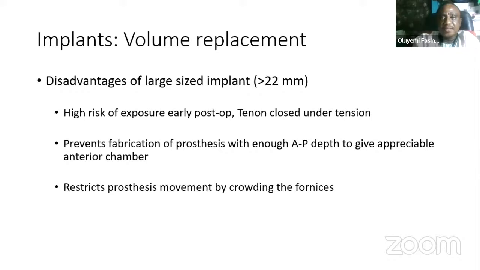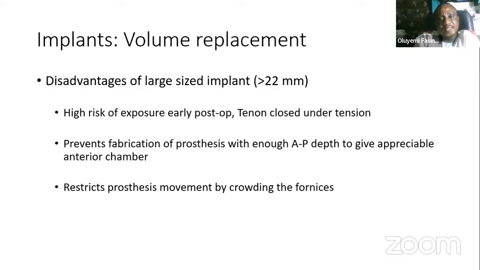I mentioned before that you don't want to use too large an implant size, because one, there's a high risk of extrusion in the early postoperative period, because following a large size implant, the Tenon's that you close over the wound is going to be under tension. Of course, the greater the tension, the higher the amount of extrusion following vascularity compromise and so forth.